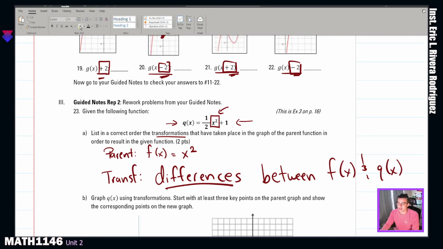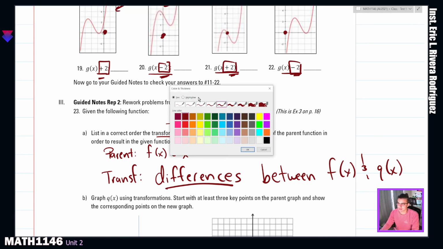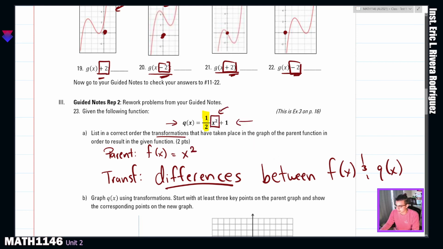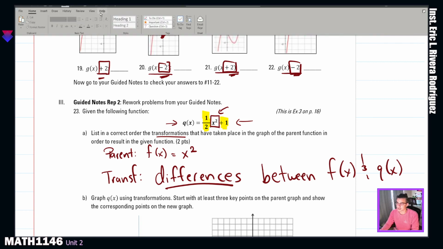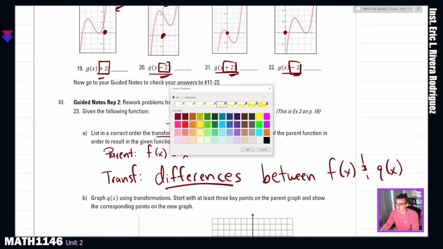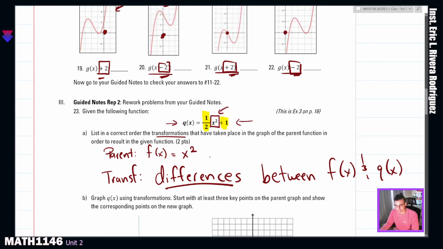I will highlight those differences. As you can see, q of x has a factor of 1/2 in front of x squared, and also has a +1 as a second term there. Those are the differences, and then you need to be able to identify what is the effect of those differences in the graph, how they change the graph.